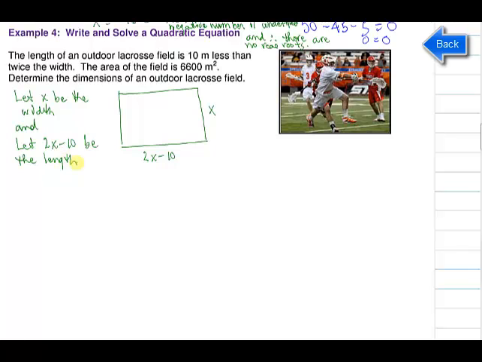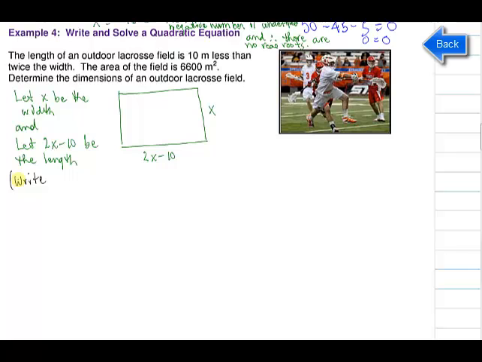Okay, now it's really important that you write your let statements using one variable for now. Okay, when we get into our unit where we will solve systems of equations, then you can use two.